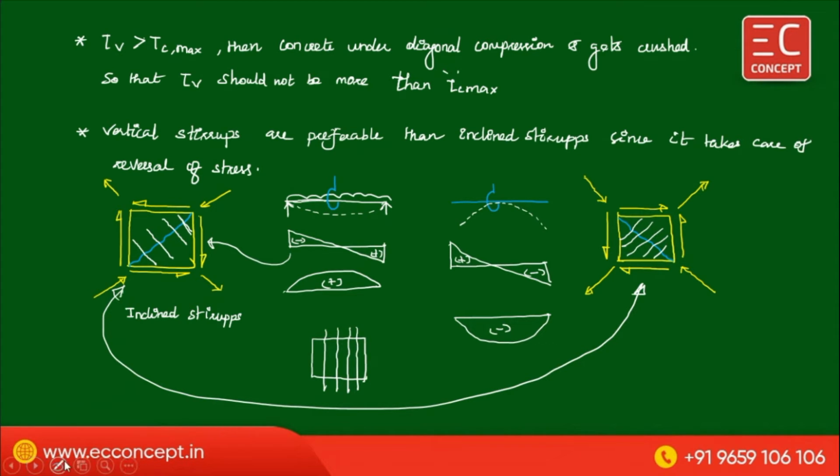Either it is failing in this diagonal, then also it will hold this portion and this portion, or if there is a failure in this diagonal, then also the vertical stirrups hold this diagonal and this diagonal. So overall the system will be stable. This is the reason we are using the vertical stirrups. I hope you understood.